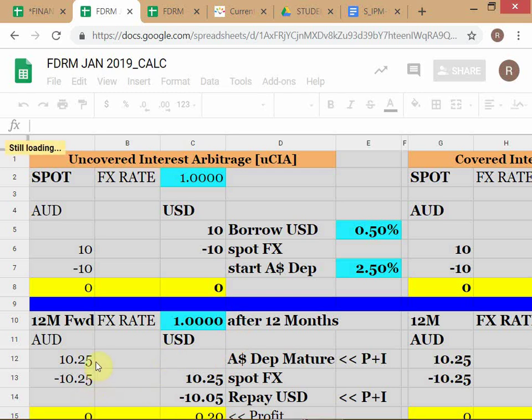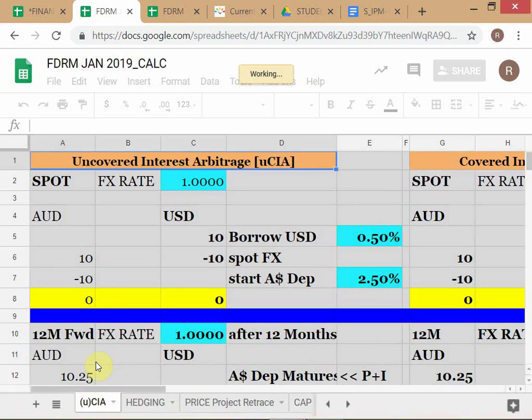All right, let's say the 3-month Eurodollar deposit yield is 4.5%, okay?